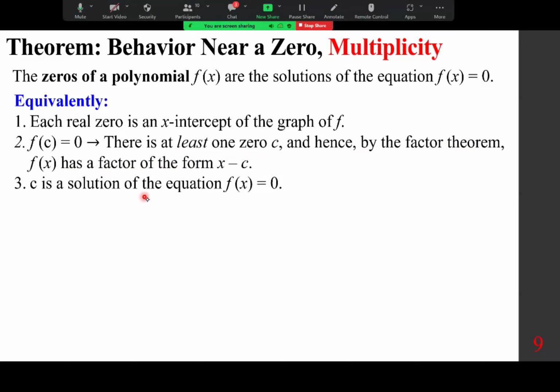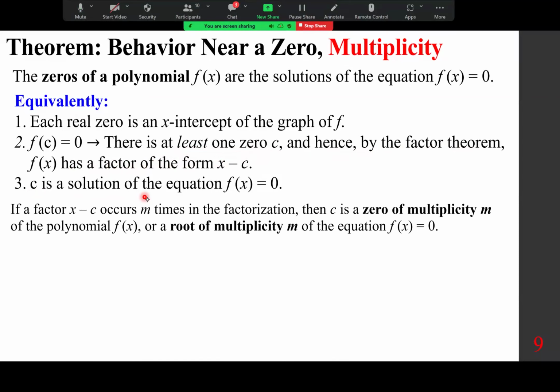Number 3, c is a solution of the equation f of x equals 0. If a factor x minus c occurs m times in the factorization, then c is a 0 of multiplicity m of the polynomial f of x, or a root of multiplicity m of the equation f of x equals 0.